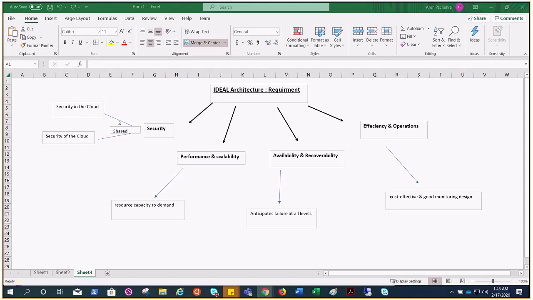That is the responsibility of the cloud owner. For example, if it is Azure, then it's the responsibility of Microsoft. If it is AWS, it is the responsibility of Amazon.